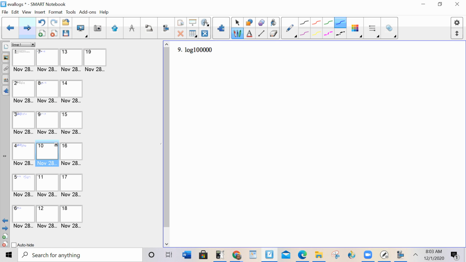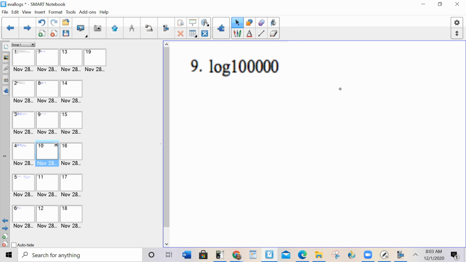Now, if there is no base, many of you will probably think to put 1 there, but that actually is not the case. With logs, if there's no base written, it's assumed to be 10.